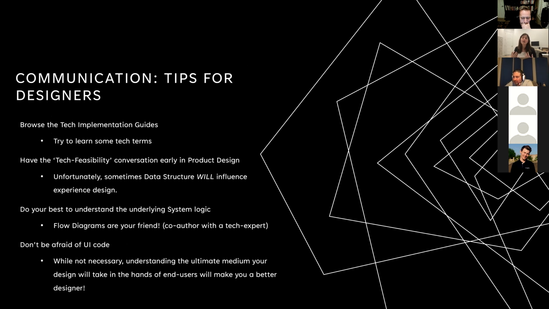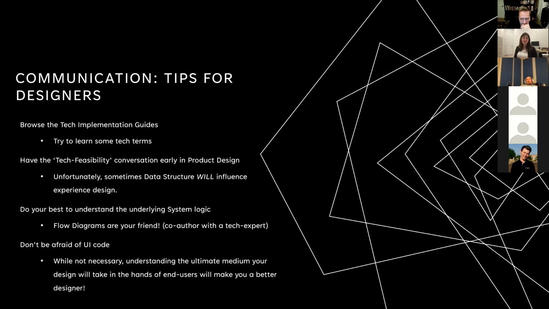Again, talk early about tech feasibility in your products. If you're designing something with data, pretty much anything these days is with data, sometimes the data structure really can't change, so you'll have to kind of bend to the will of the data. Unfortunately, not ideal, but again, have that discussion early so you don't have to redesign stuff.